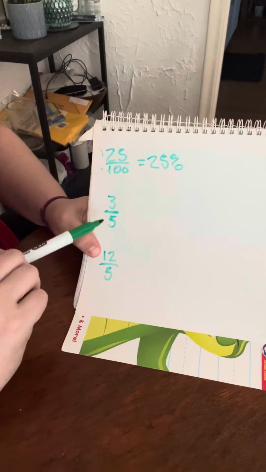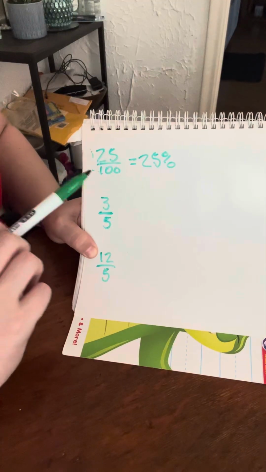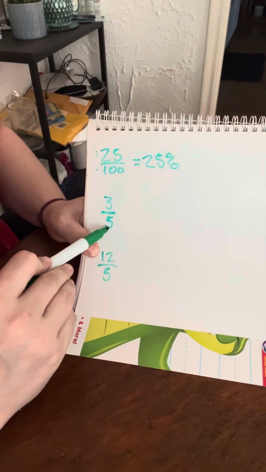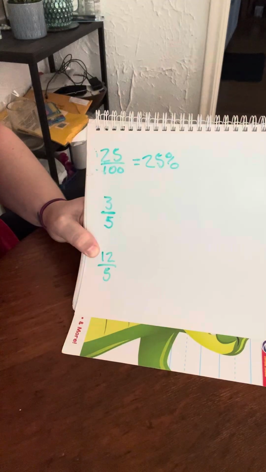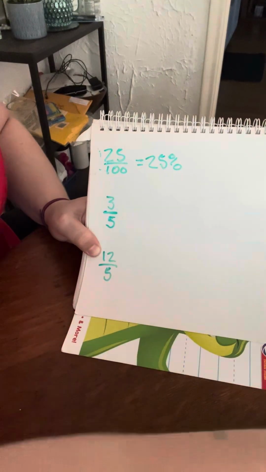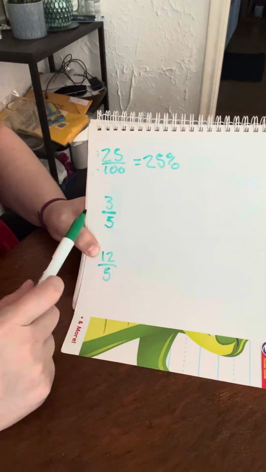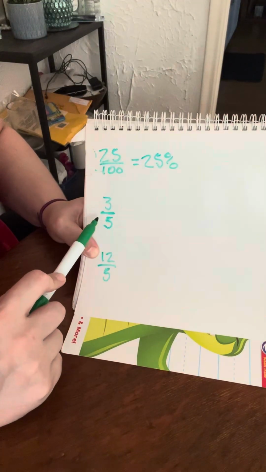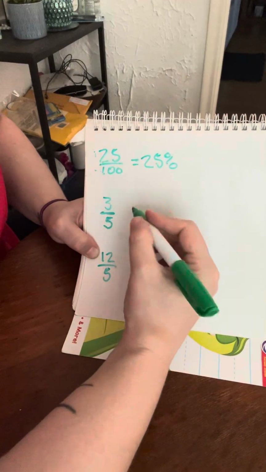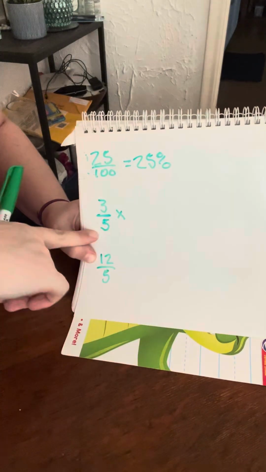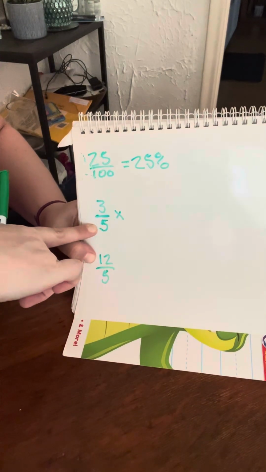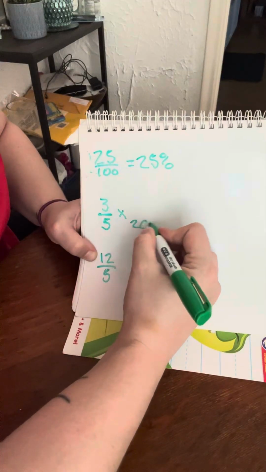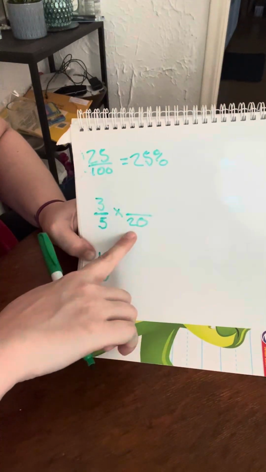So the next one that I have chosen is 3 over 5. And I chose this one because it is a pretty simple one. What are we trying to do? Well, we need this bottom number to equal 100. So we need to know how many times 5 is going to go into 100. Well, most of us know that that is 20, right?